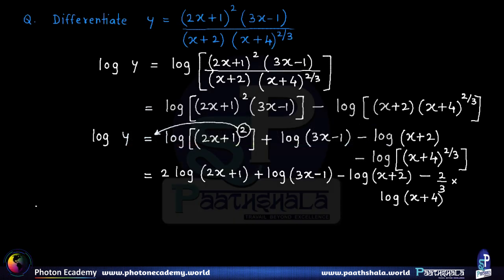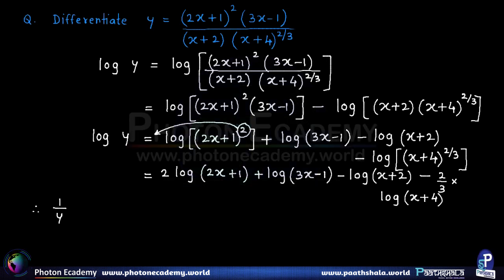So now differentiating, on the left hand side the derivative of log y is nothing but 1 upon y. But if you remember, we have to differentiate with respect to x. So we cannot just stop at 1 upon y. We have to further multiply by the derivative of y with respect to x, for which we have used the chain rule, right?